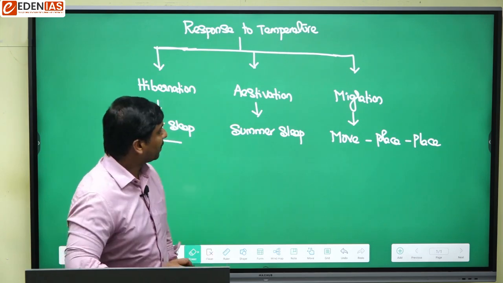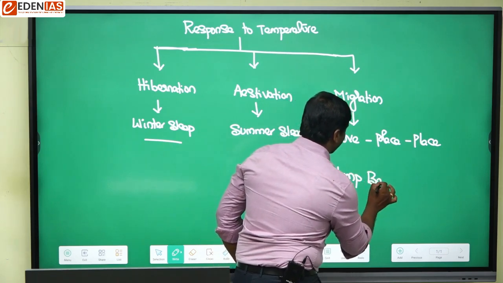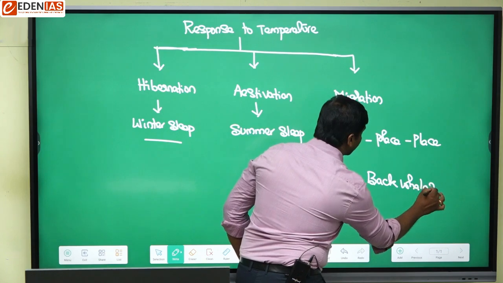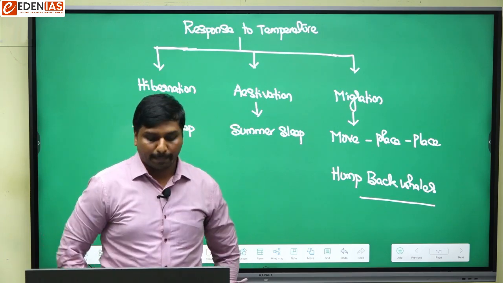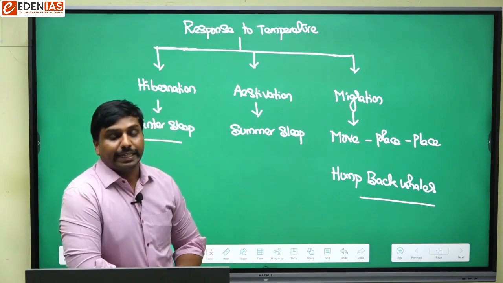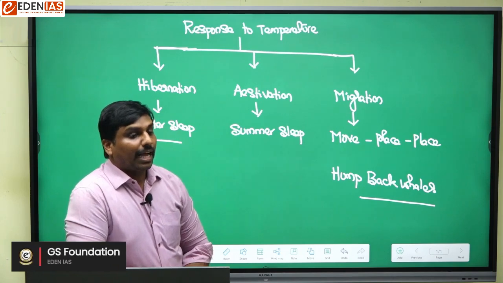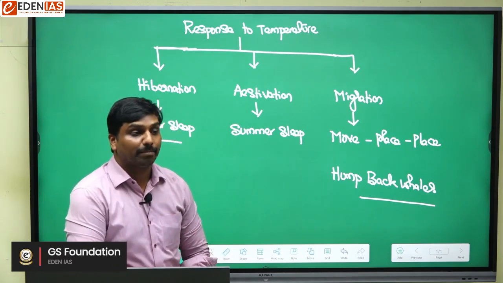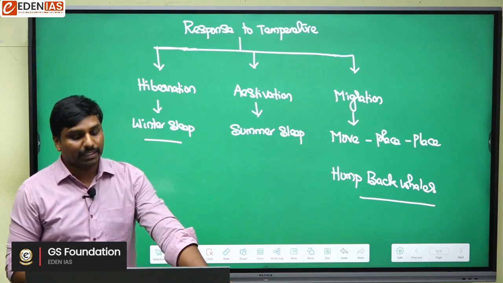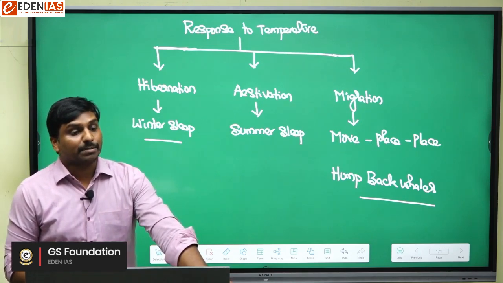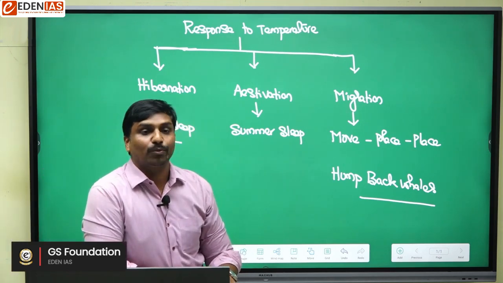Then next example you mentioned Humpback whales. Humpback whales migrate to the polar areas in the summers, and while in winter they travel back to warm water.